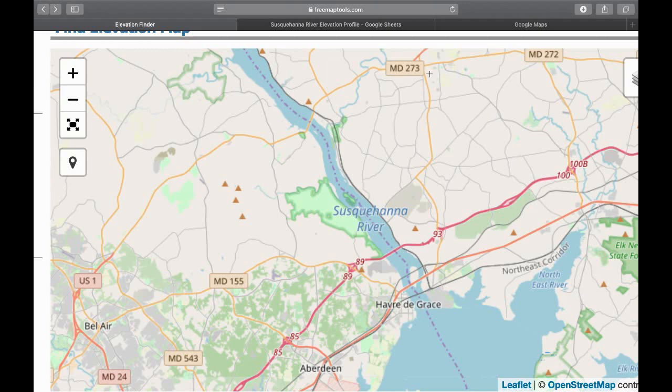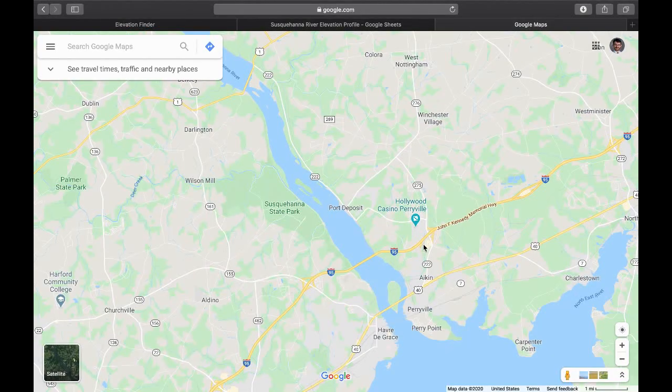So here's the first thing. I want to go from the mouth of the river all the way up in a straight line to this road. And I want to measure the distance. Here's how you measure the distance on Google Maps. If you're on a PC, you can right click. I'm using a MacBook, so I have to do control click.